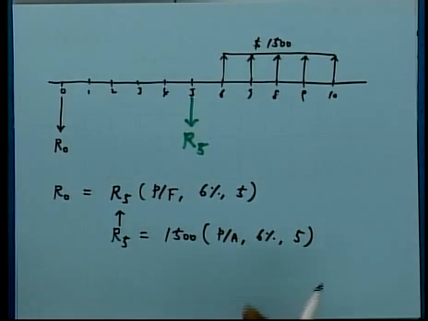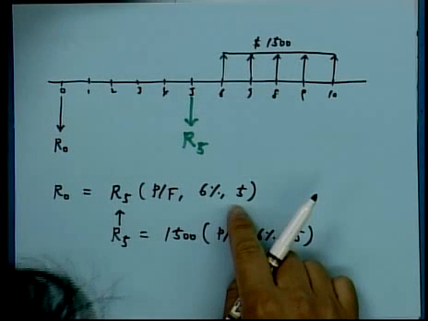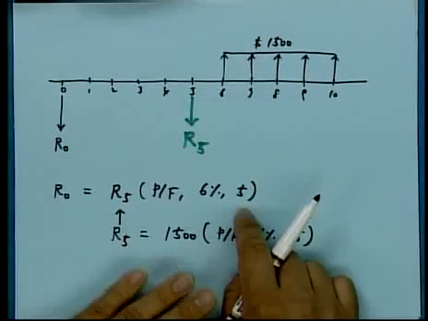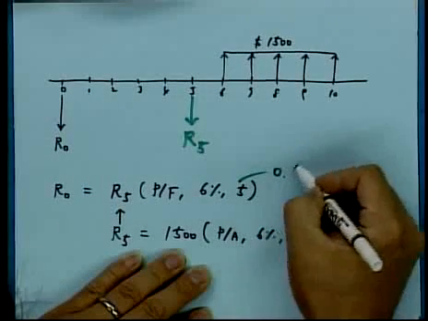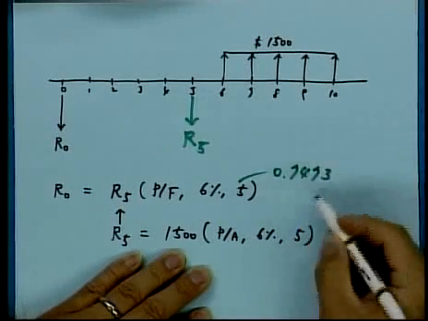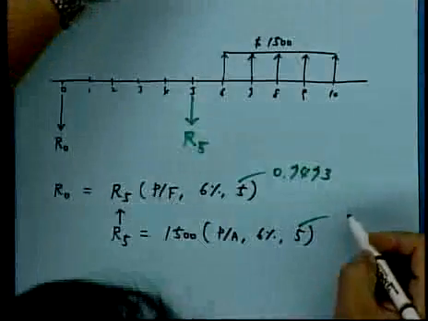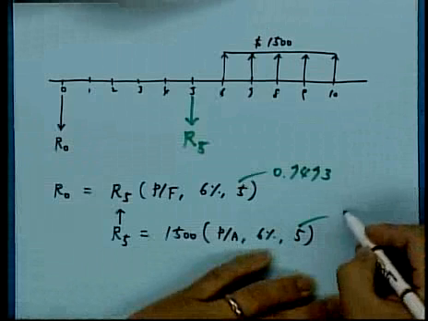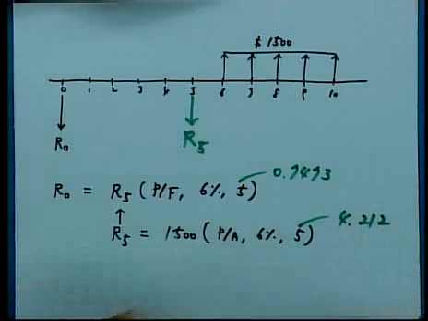Here, P given F, 6% over 5 periods is 0.7473. What about P given A over 5 periods? It is 4.212.